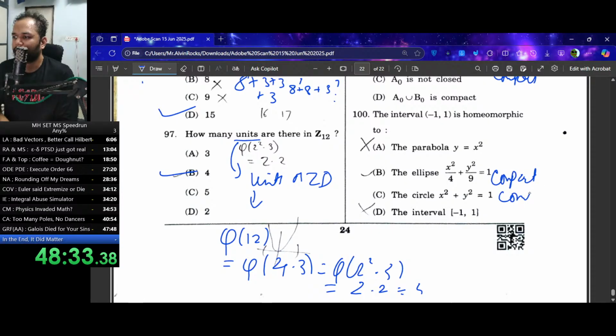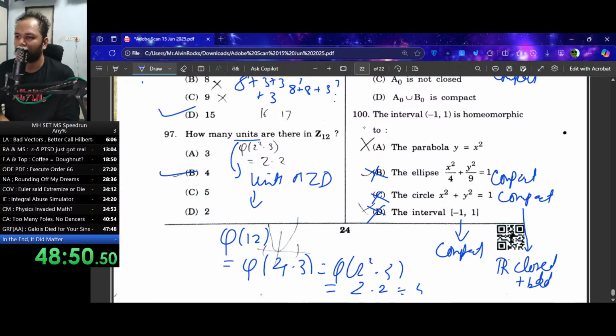This is compact in R. They are closed and bounded. Therefore, these are never possible. This is also compact. Therefore, this is also false. Actually, this is correct. Yeah, I marked option A only.